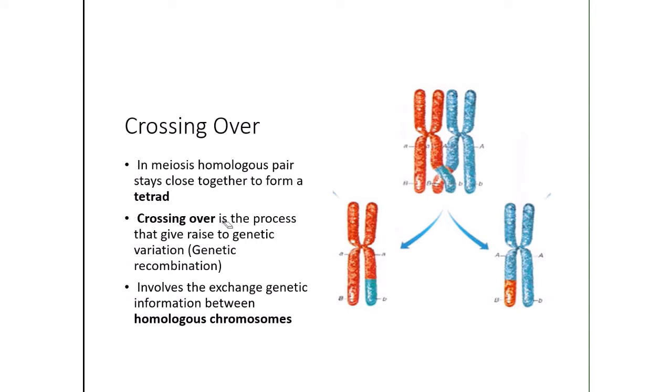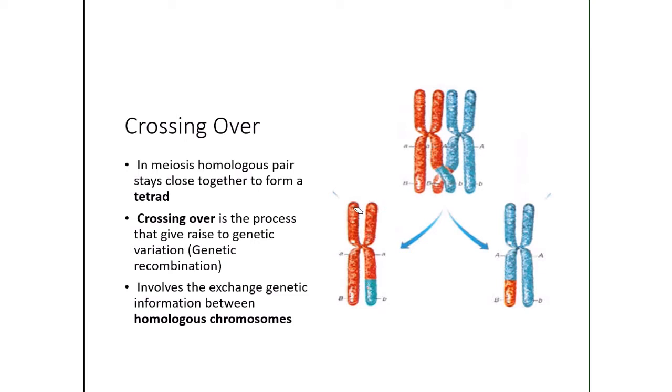In the process of crossing over, a little bit of the red chromosome will exchange with a little bit of the blue chromosome. This exchange will happen along the entire way, and it could happen between any of the two chromosomes. It could happen between this chromosome and this chromosome, which is what's shown here, or between this chromosome and that chromosome. But for simplicity, they are only showing one small crossing over here. That involves the exchange of genetic information between the homologous chromosomes, and you end up with a mix of genetic material.